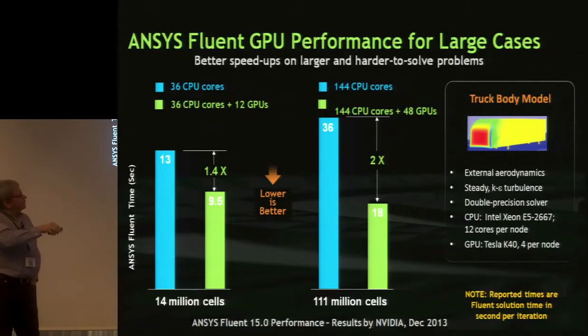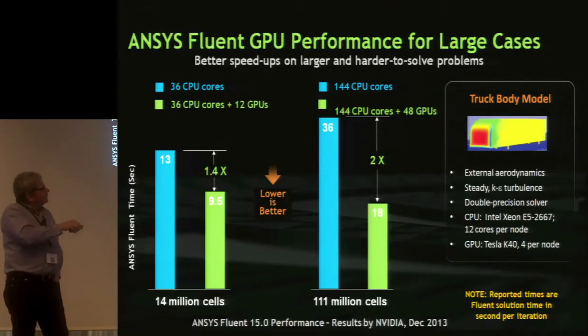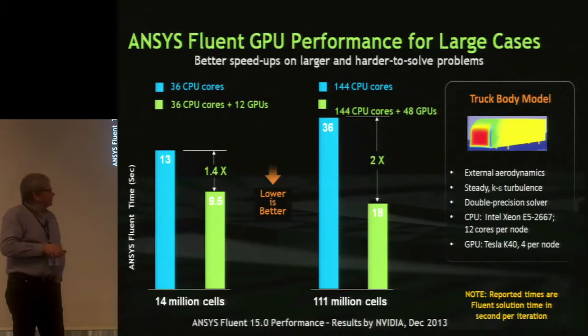A node has 12 cores and 4 K40 GPUs per node, and with a larger problem size you get a higher speedup with GPU-based runs.